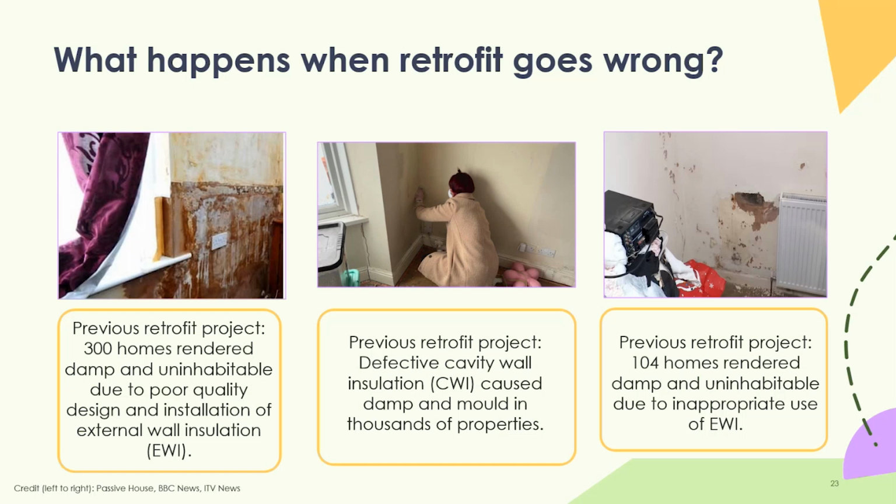That encourages all the moisture in the property to land on that bit of wall, and therefore you get damp and mold. And then another example there of another 104 homes that were rendered damp and uninhabitable due to EWI. So it all comes down to water, basically. That's why it goes wrong: moisture in buildings.